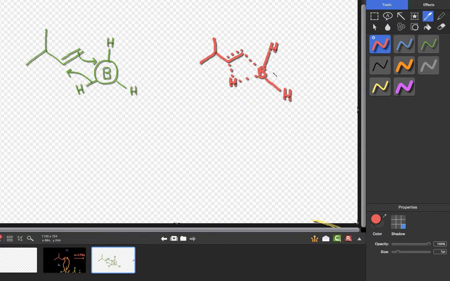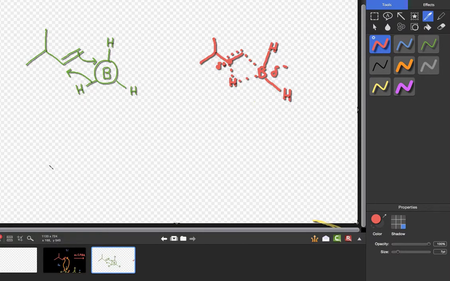This boron is partially negatively charged because it's beginning to make a 4th bond. This carbon is a partial positive charge. So even though it's not a carbocation, we'd rather have our partial positive charge on a secondary carbon rather than on a primary carbon. So 2 things drive this anti-Markovnikov addition. Number 1 is the size of the boron atom, and number 2 is electrostatics.